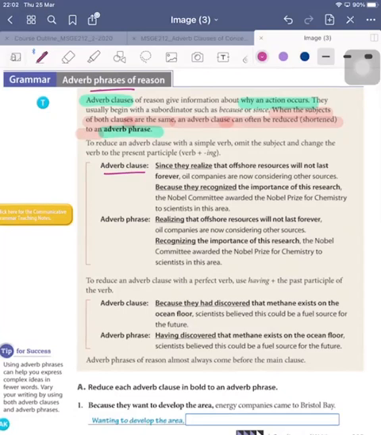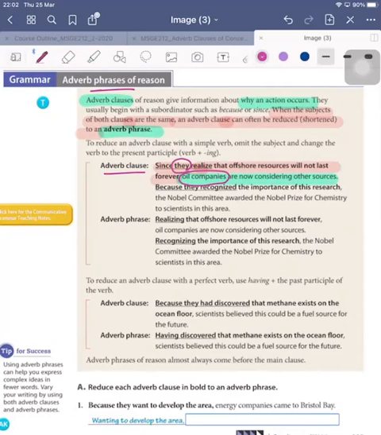So if you look at the example here, since they realized that offshore resources would not last forever, oil companies are now considering other sources. So when you see the word they here, you're talking about oil companies, right? So oil companies, they're the same thing. They're the same people, the same group of people.